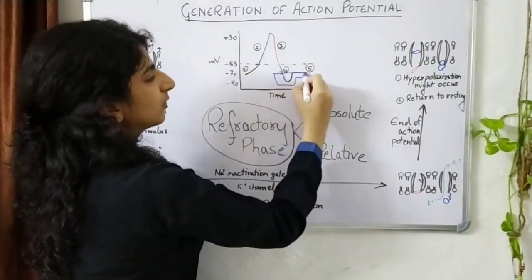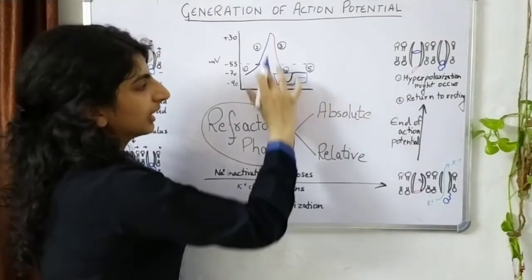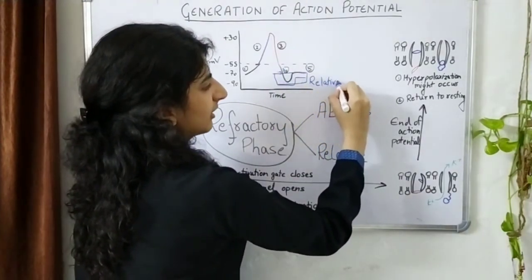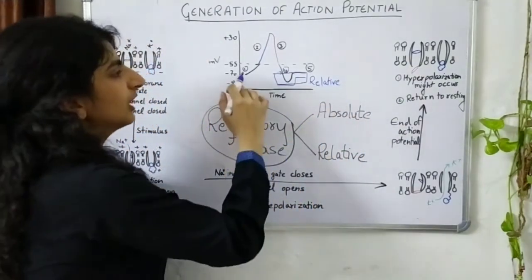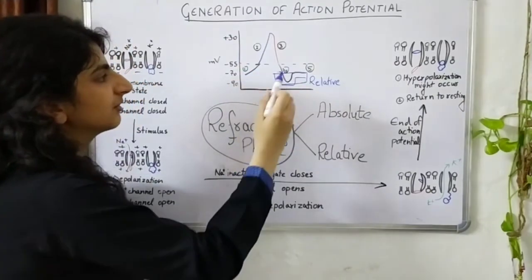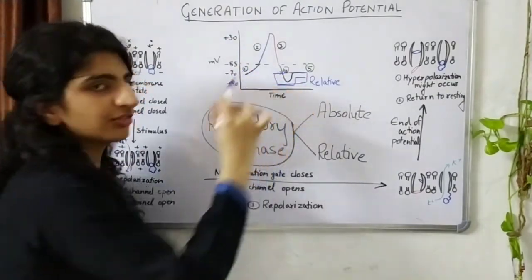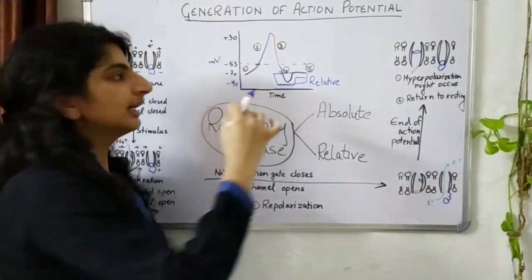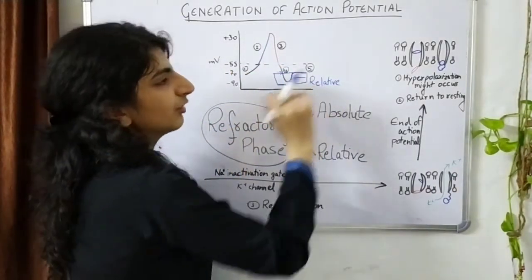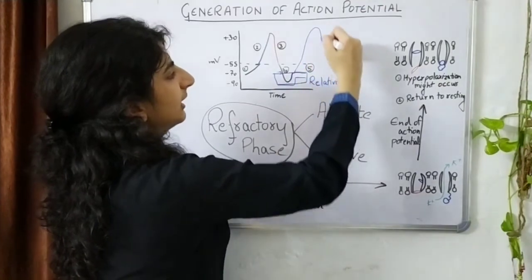Therefore, this part of this graph will represent the relative refractory phase. Say if the potential of the cell is now minus 85, minus 90, and the cell receives another stimulus, it will not go to the minus 70 for a while. It will just generate another one here.